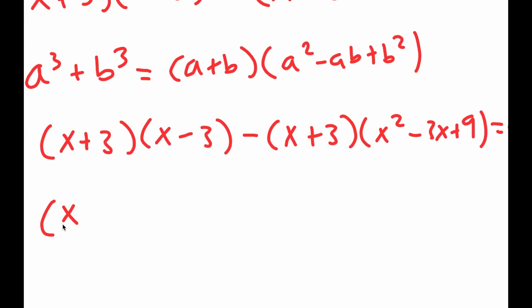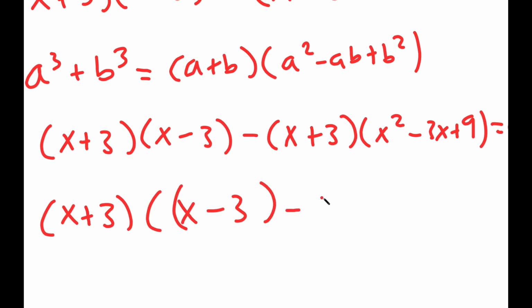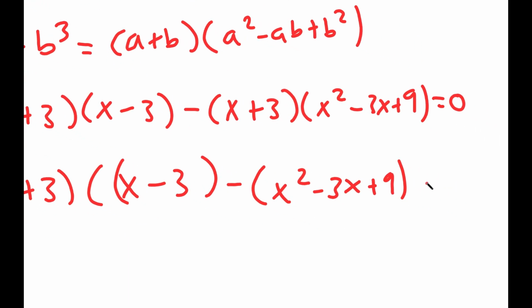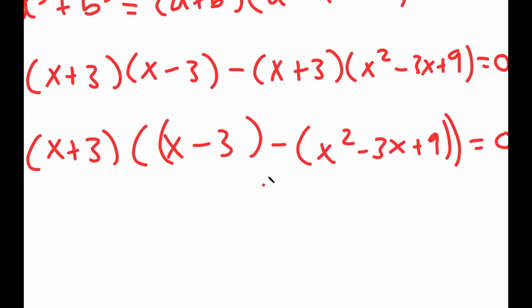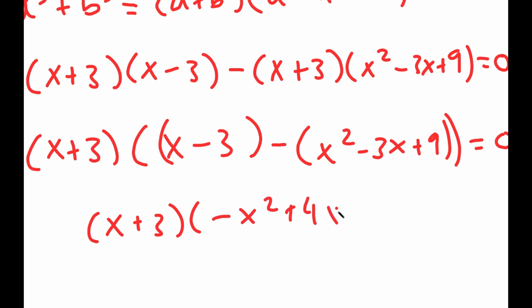And now if I factor out x plus 3, I get x plus 3 times x minus 3 minus x squared minus 3x plus 9 is equal to 0. And this turned into x plus 3 times negative x squared plus 4x minus 12 is equal to 0.